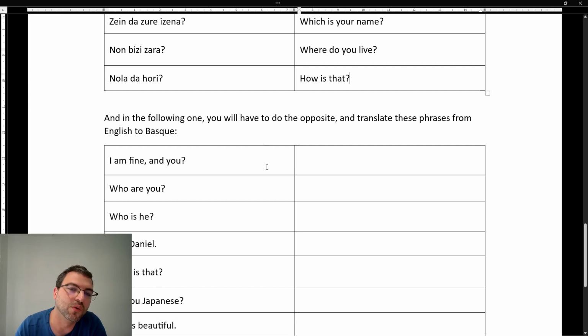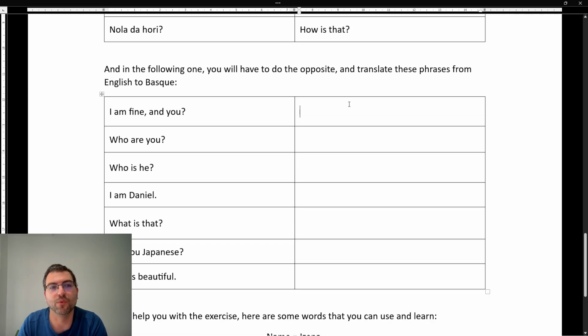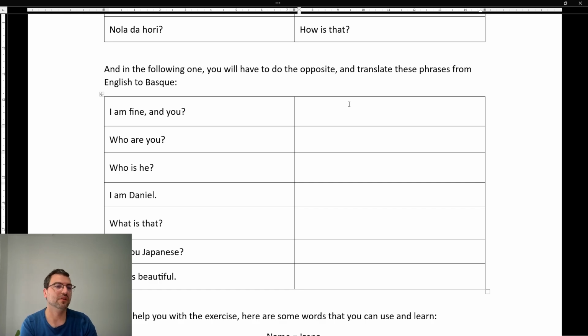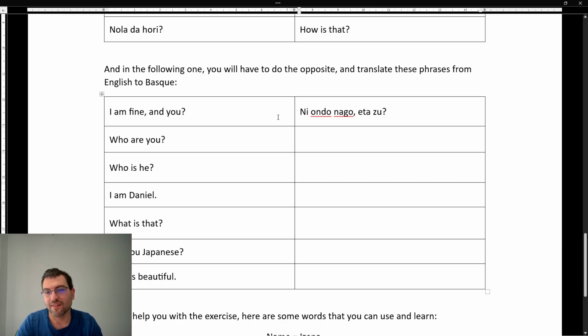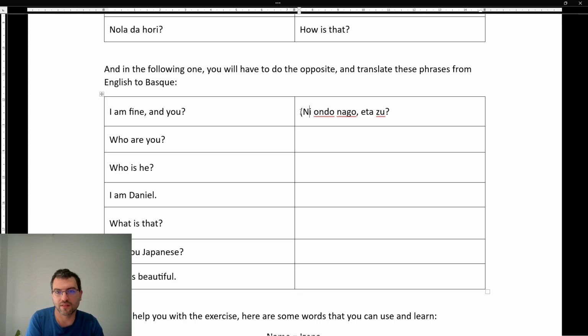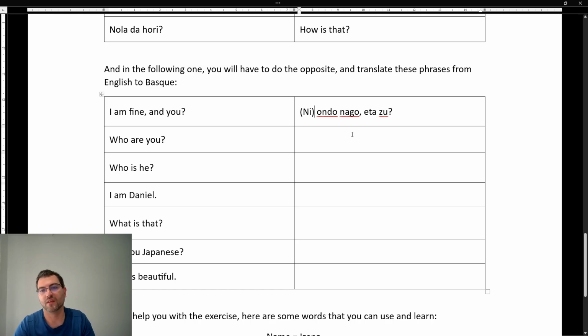So now going the opposite way, we will translate from English to Basque. For example, I am fine, and you? It will be ni ondo nago. Eta zu. In this case, as the subject is clear from the context and from the verb, already in the first person of izan, you could just erase this ni.